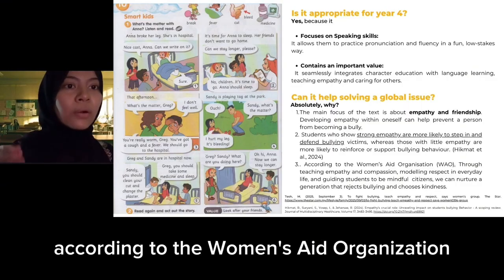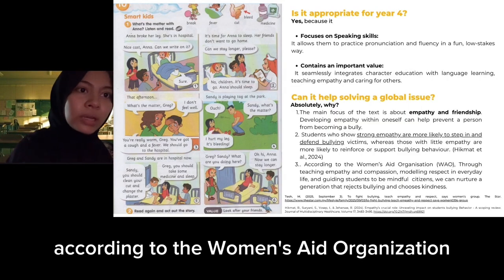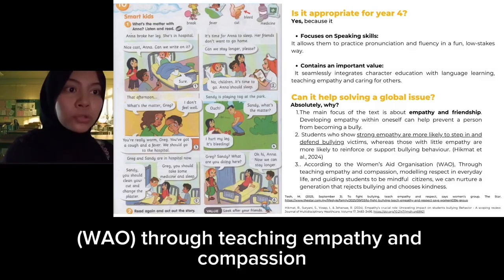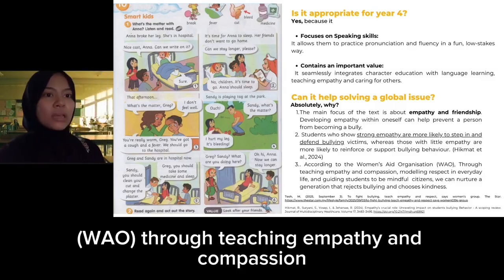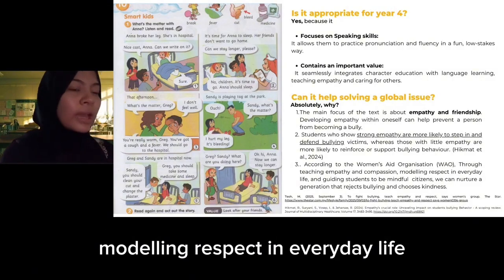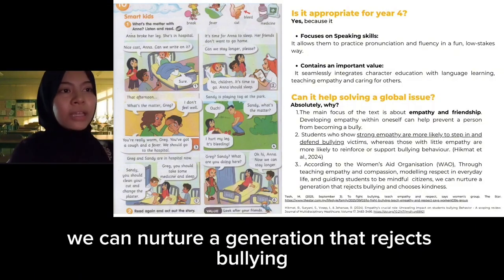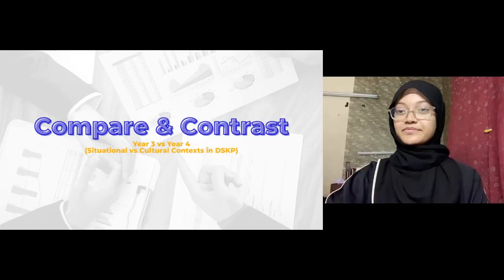And third of all, according to the Women's Aid Organization, WAO, through teaching empathy and compassion, modeling respect in everyday life, and guiding students to be mindful, we can nurture a generation that rejects bullying and chooses kindness.